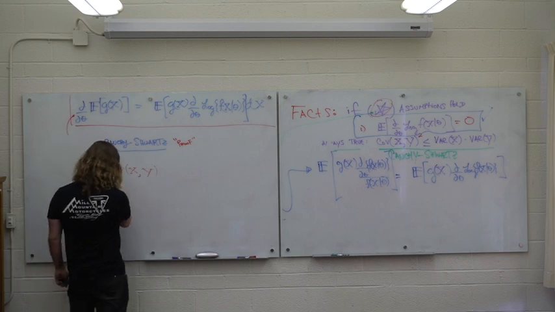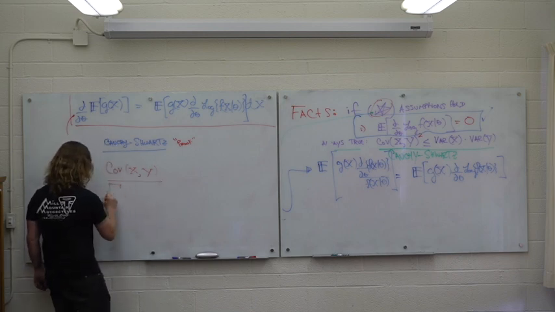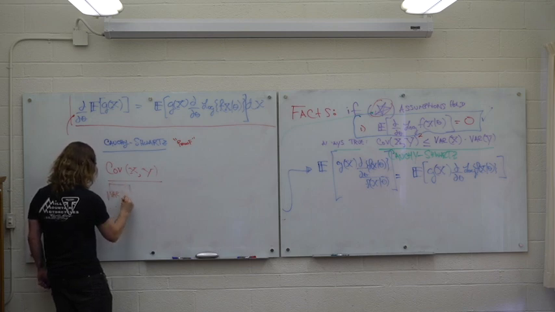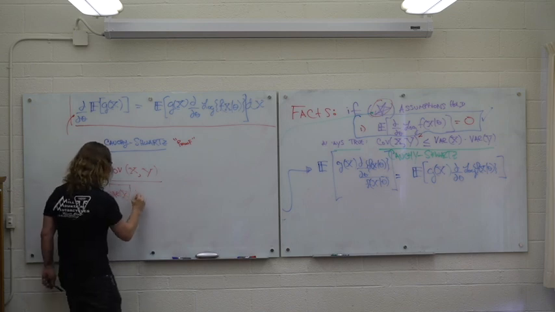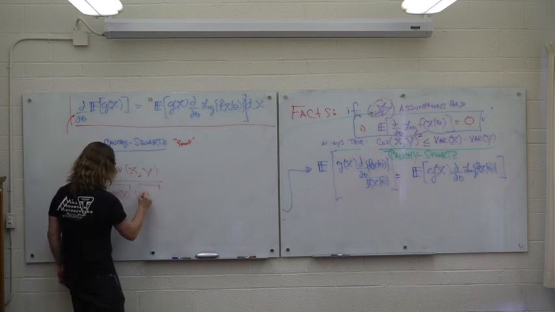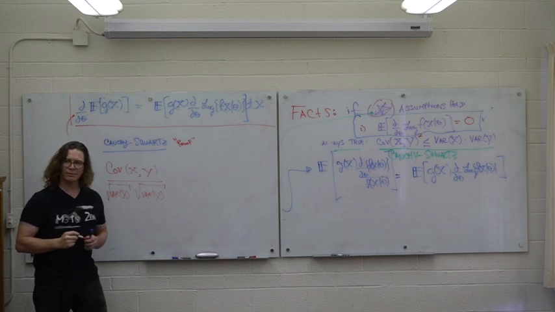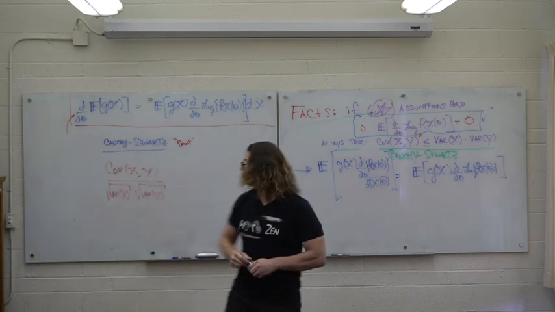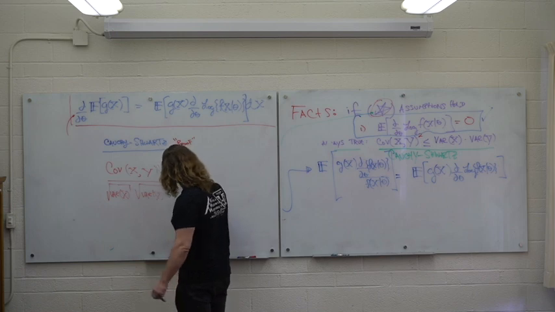The covariance over the square root of the variance of x divided by the square root of the variance of y has a name. And if you've taken any stat class, including in high school, you know what this thing is. This is the correlation coefficient.